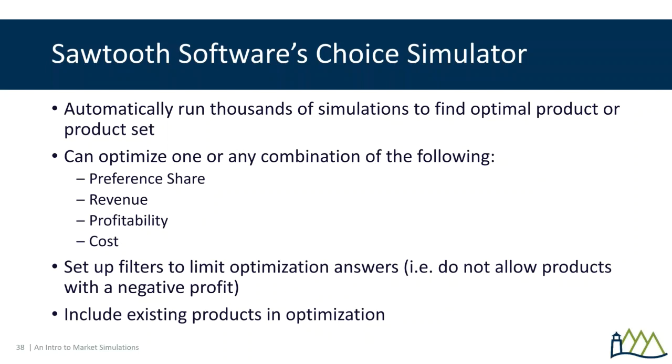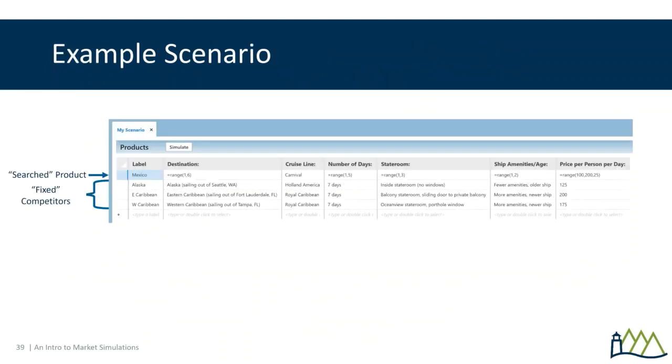And if you do searches on more than one, we call this a multi-objective search. You can also set up filters so that you can kind of limit your search space. So you could say, hey, don't find me products that have a negative profit, or don't find me products that are less than this amount of money. You can also include existing products in your optimization as well.